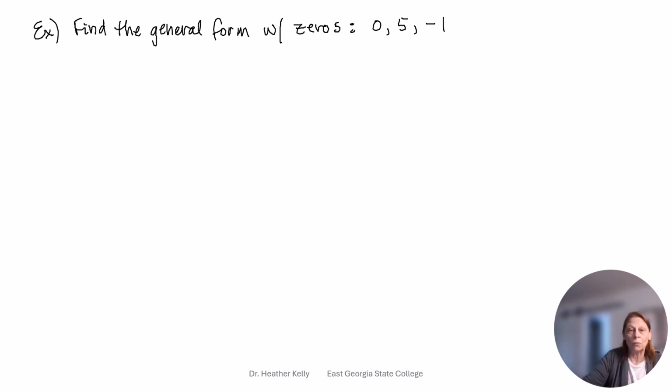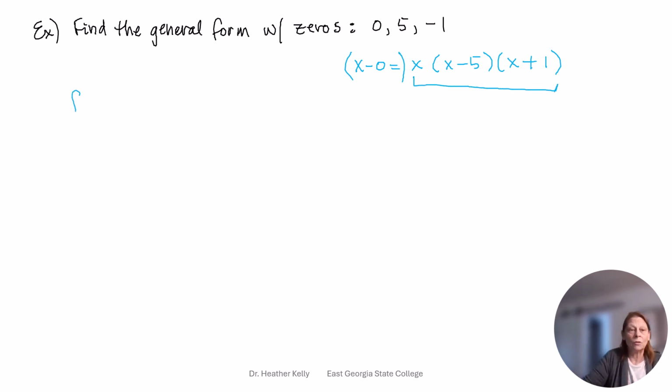The factor for 0 is x minus 0, which is just x, right? So for our 5, we're also going to have x minus 5. And for our negative 1, we'll have x minus a negative 1. Okay, so these are what we're going to multiply together.